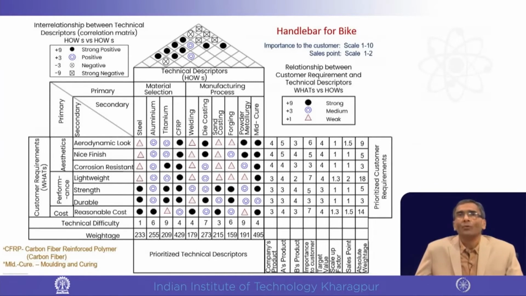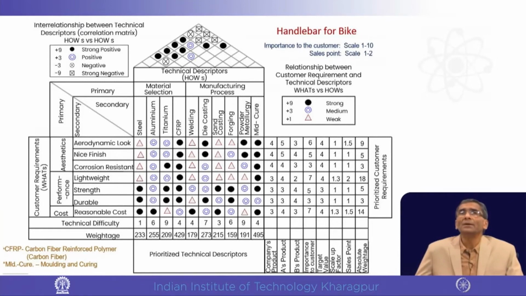Now, what is the next step? We have established that part. The main work revolves around creating the main matrix at the intersections of the whats and hows, that is the customer requirement and engineering requirement, where each intersection forms a cell, and each cell's characteristic is either strong, medium, or weak.